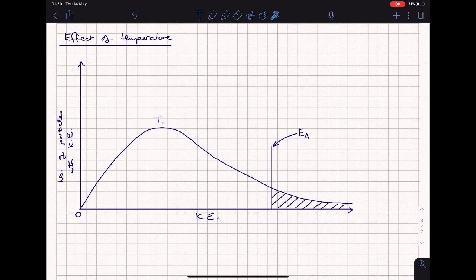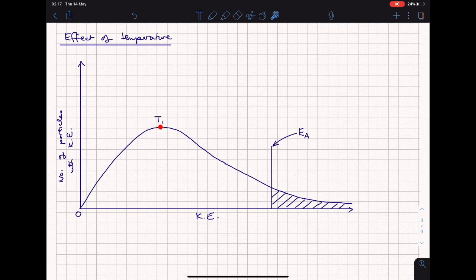Now, the next thing I always think about: if the peak moves across, it will not be at the same height, and the reason is we must have some particles at zero energy. So this line must be fixed, connected to this point here.